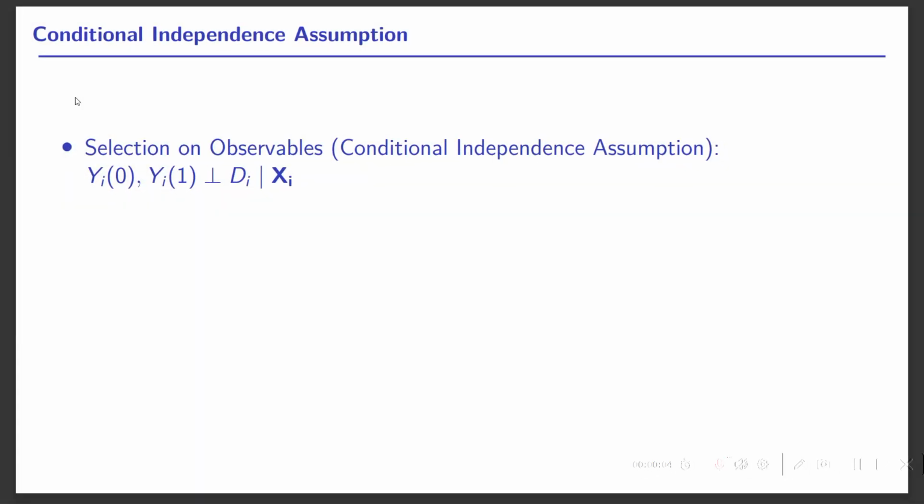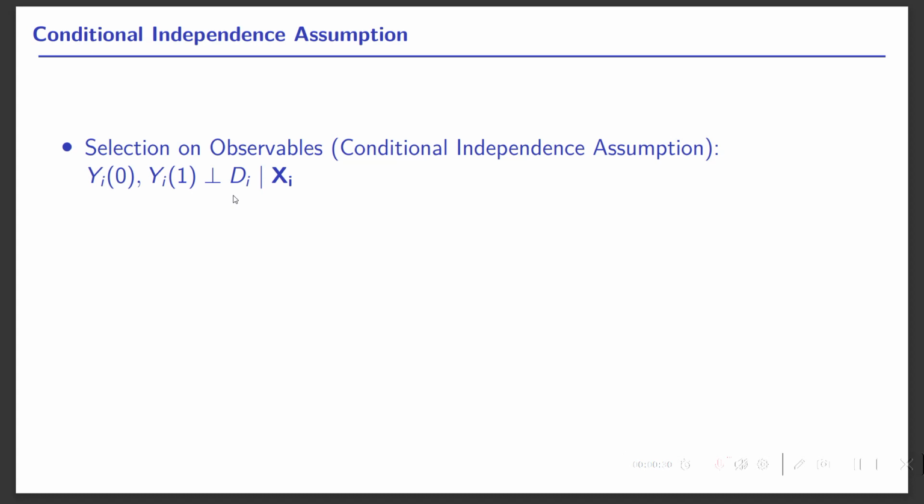We say that the potential outcomes, Yi0 and Yi1, are independent of treatment, Di, conditional on some other variables, Xi. That means that once we use our information on the Xi, the potential outcomes and the treatment status are completely unrelated.